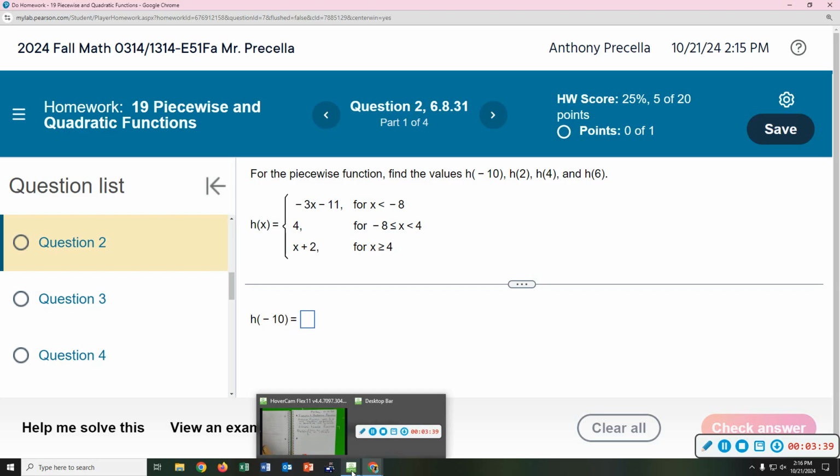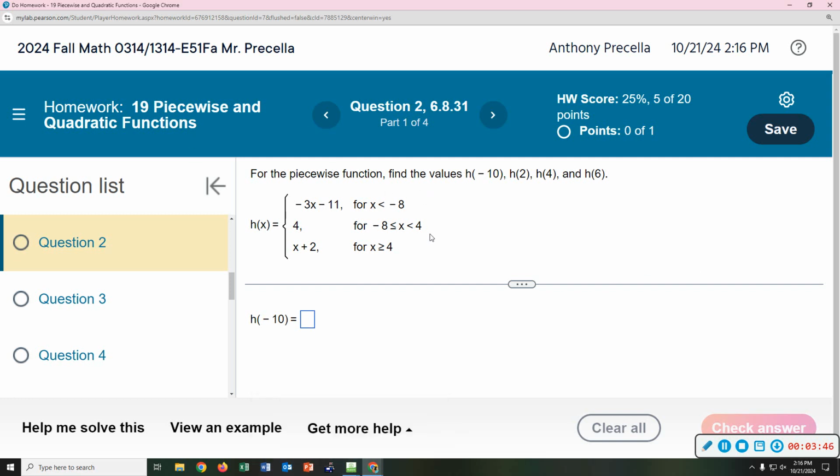Did y'all notice how, instead of saying -8 less than or equal to x less than 4, if you see two less thans, oh, it's just a less than. Oh my goodness, I miscopied. Okay, they can't see it, but it's just a less than. But if you see two less thans or two greater thans in the same statement, read it as between. Start with the middle, for x's between -8 and 4.